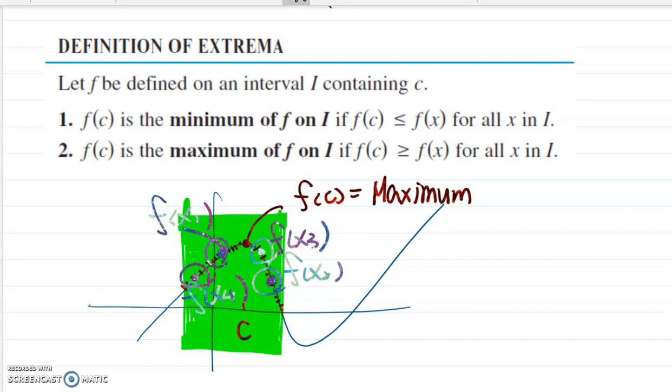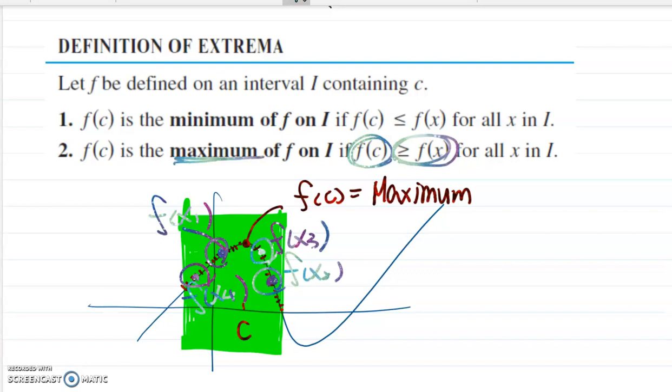It's obvious because they're below f(c). That's why it makes sense here. So f(c) is bigger than or equal to f(x), then this becomes the maximum.